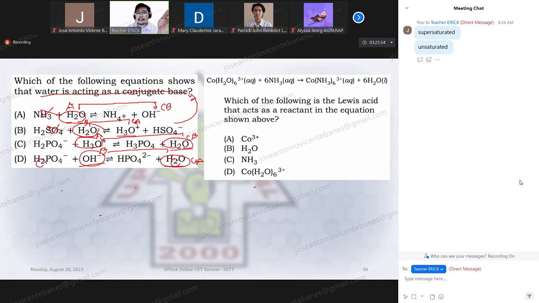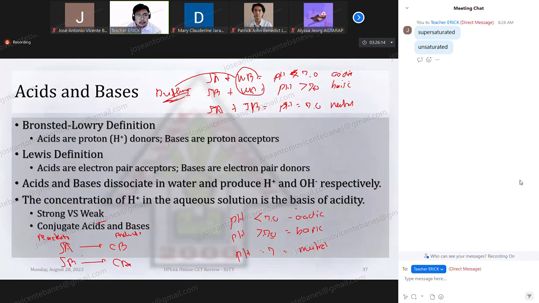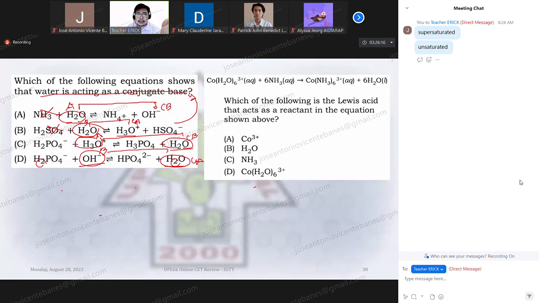If it donated the electron pair to your cobalt 3 plus, then the cobalt 3 plus accepted the electron pair, which means the final answer here is the cobalt 3 plus. Based on the definition, acids are electron pair acceptors, and the cobalt 3 plus is the only species in our equation that accepted the electron pair. Did you get the idea?